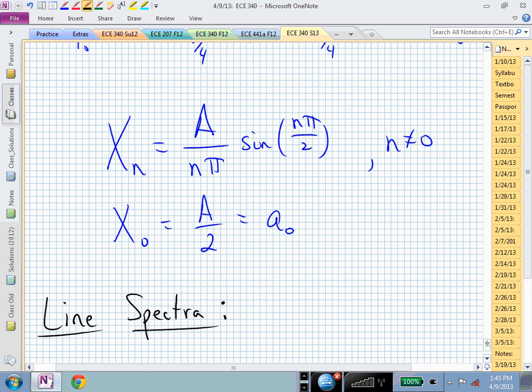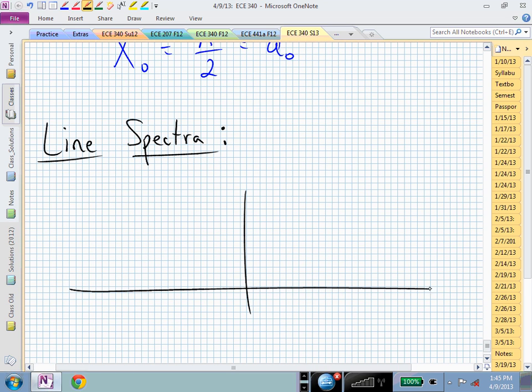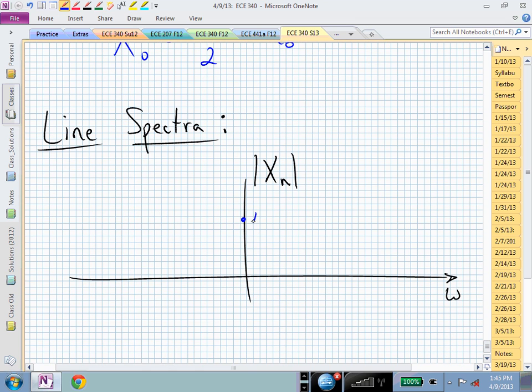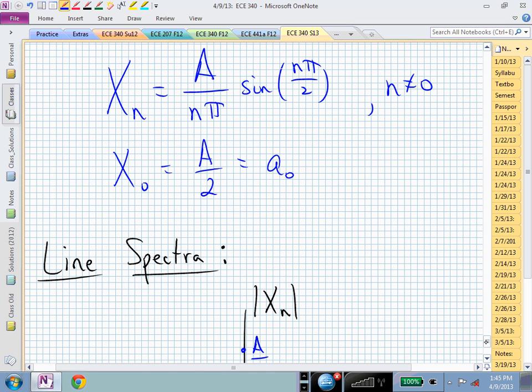In this case, if we said, what's the magnitude? We would say, okay, here's the magnitude of x sub n, and here is, let's say, omega. In this case, we have a over 2. Then what do we have at little n equal to 1? Sine of pi over 2. That's 1. So now we have a over pi, don't we?